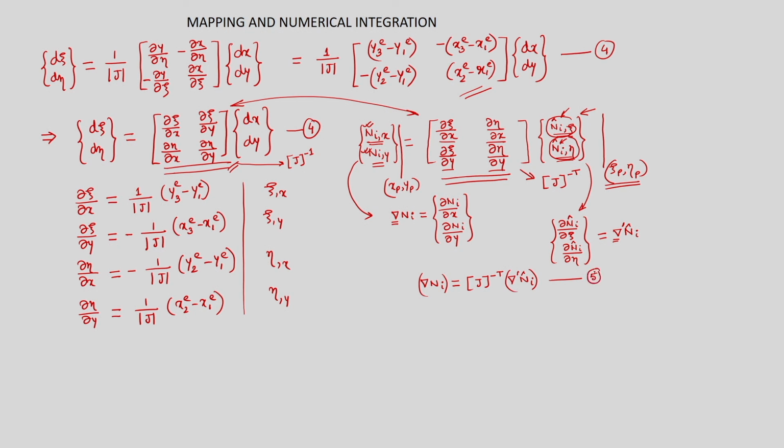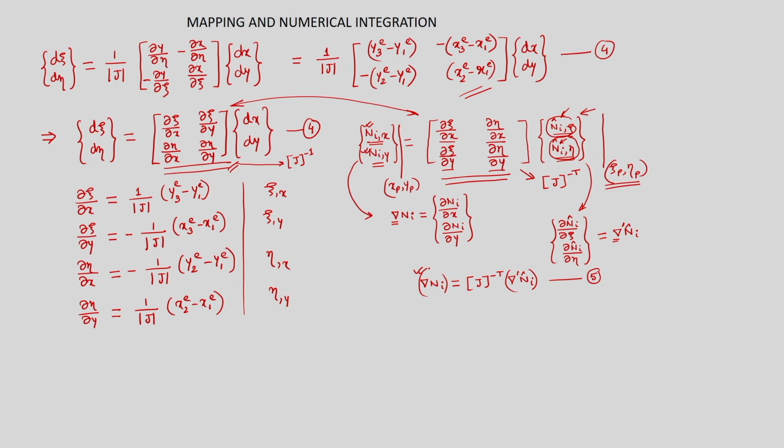Let us call it equation 5. Alright. So, now we have obtained the derivatives of the shape function in the physical element corresponding to a particular point in the master element. Alright, that is what we need to evaluate the stiffness entries.